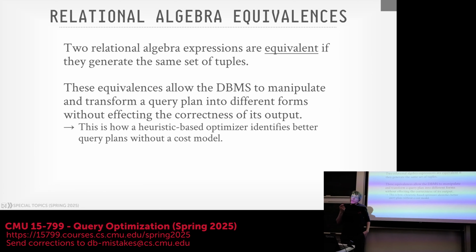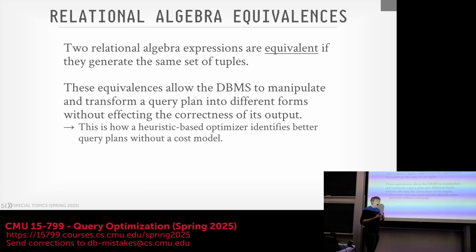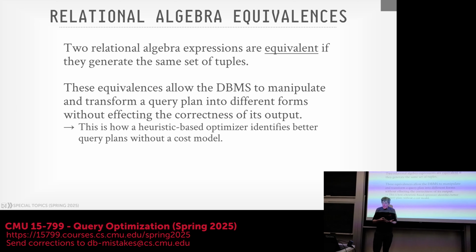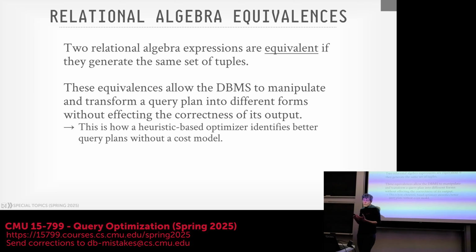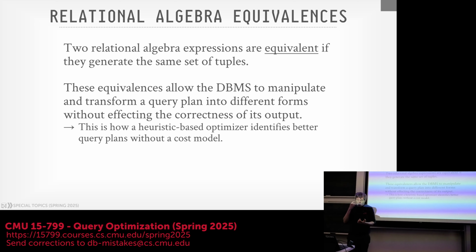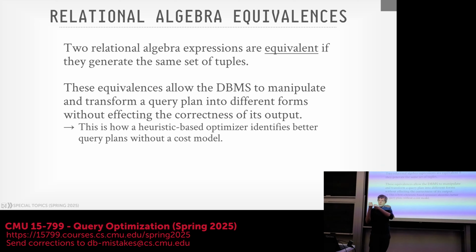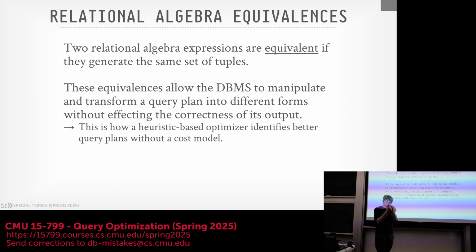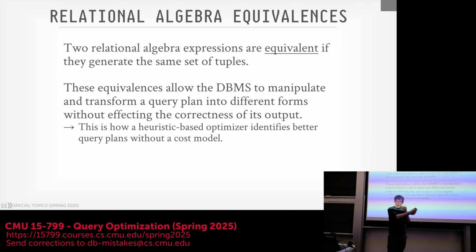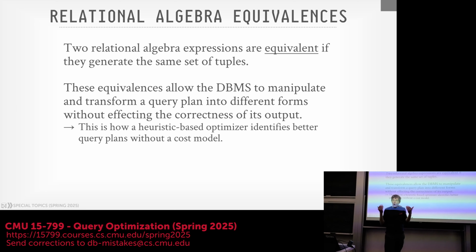All right, so the key thing we're going to leverage, the reason we can do these transformations, is that we're going to rely on the equivalency rules within relational algebra. We're not going to go through all of them right now, but we'll talk about the main ones. The basic idea is that there are known rules and transformations that you can apply that will guarantee that the resulting relational algebra expression you generate from modifying an existing one is equivalent, meaning they're going to produce the same answer.